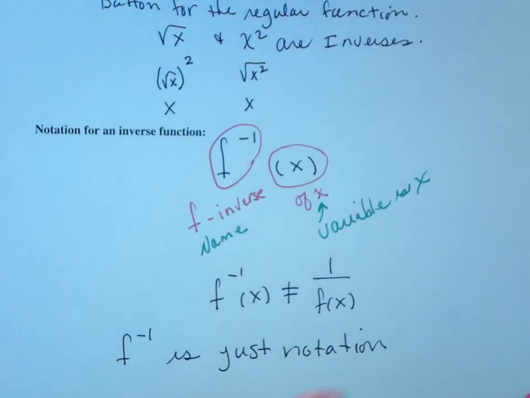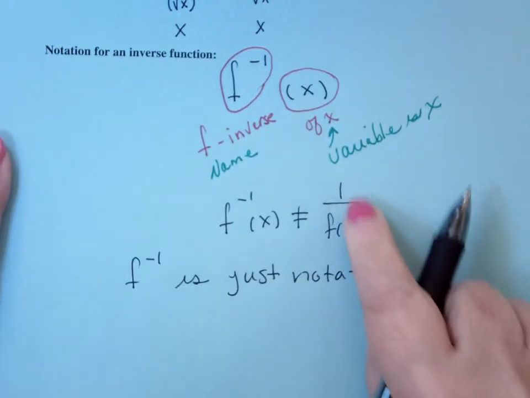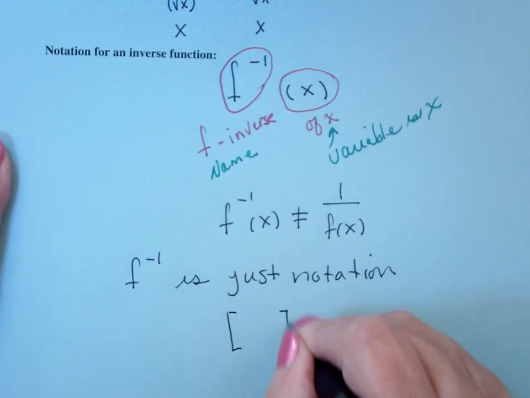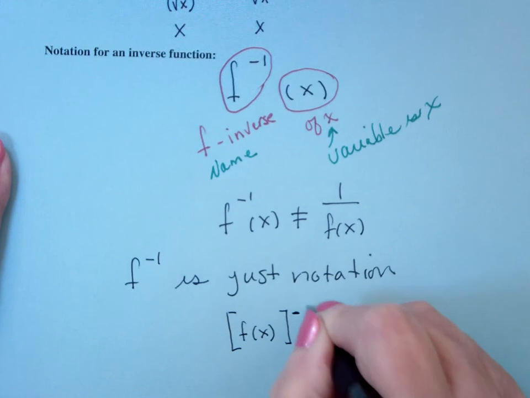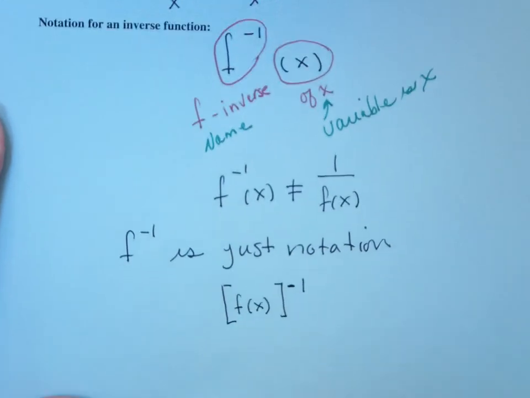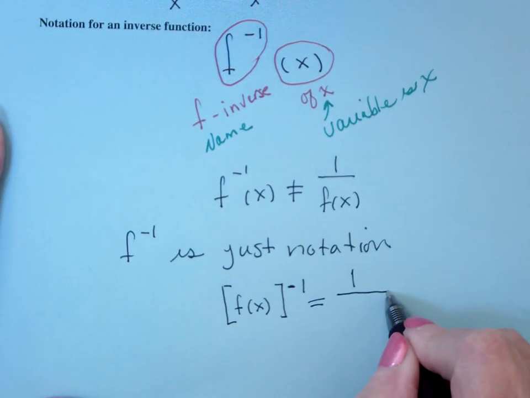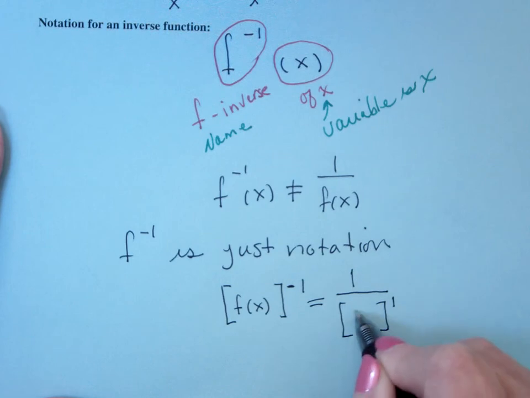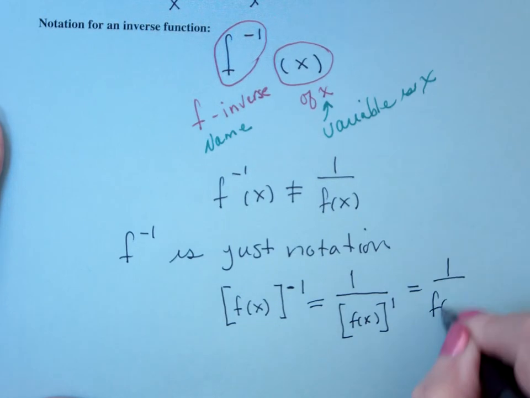So f to the minus 1 is just notation. If I wanted 1 over f of x, I have to take f of x in its entirety, the whole thing, to the minus 1 power. That's 1 over that whole thing to the 1 power. That's what 1 over f of x is.